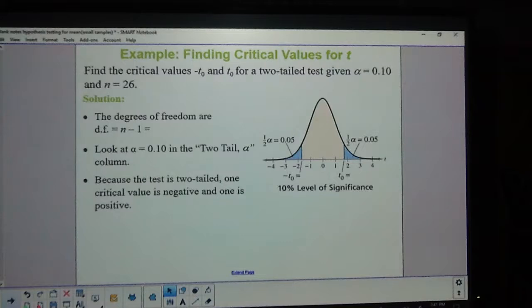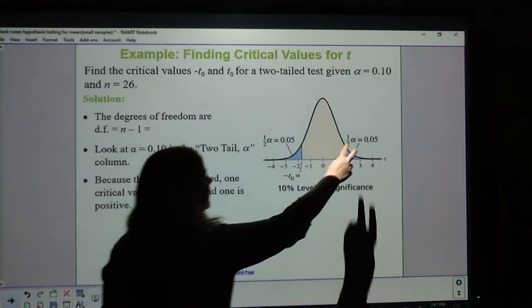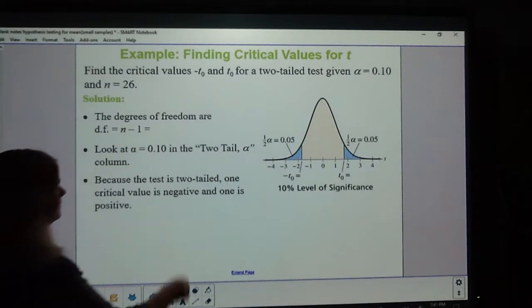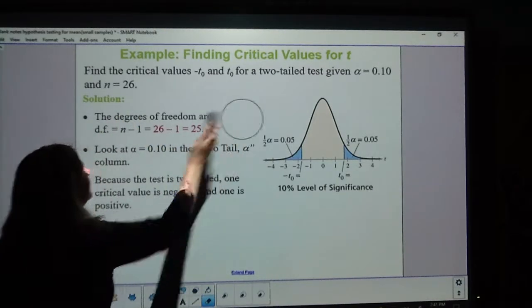Find the critical values, negative t sub 0 and positive t sub 0 for a two-tailed test given alpha is 0.1. If alpha is 0.1, then that would mean that this is half of alpha, or 0.05, and this is 0.05. So degrees of freedom, n's 26, so degrees of freedom would be 25.